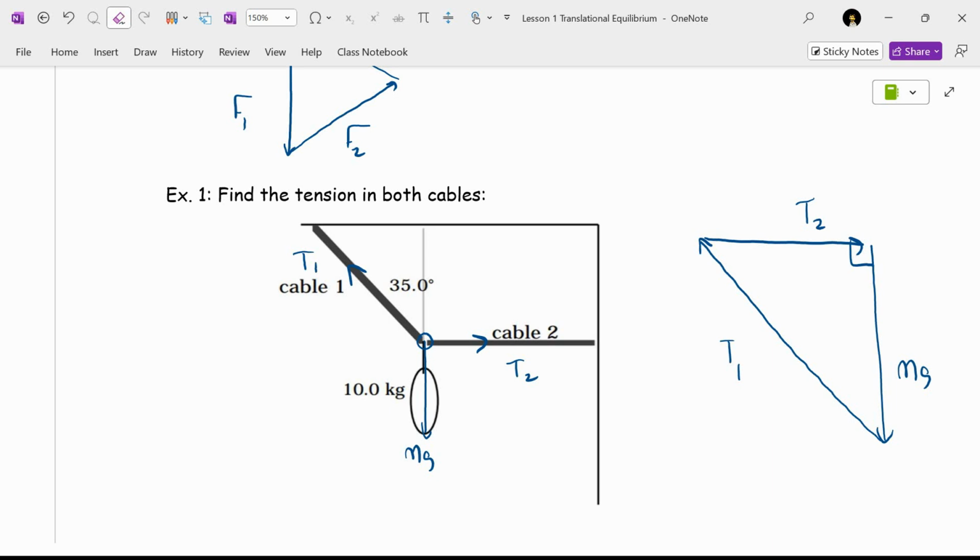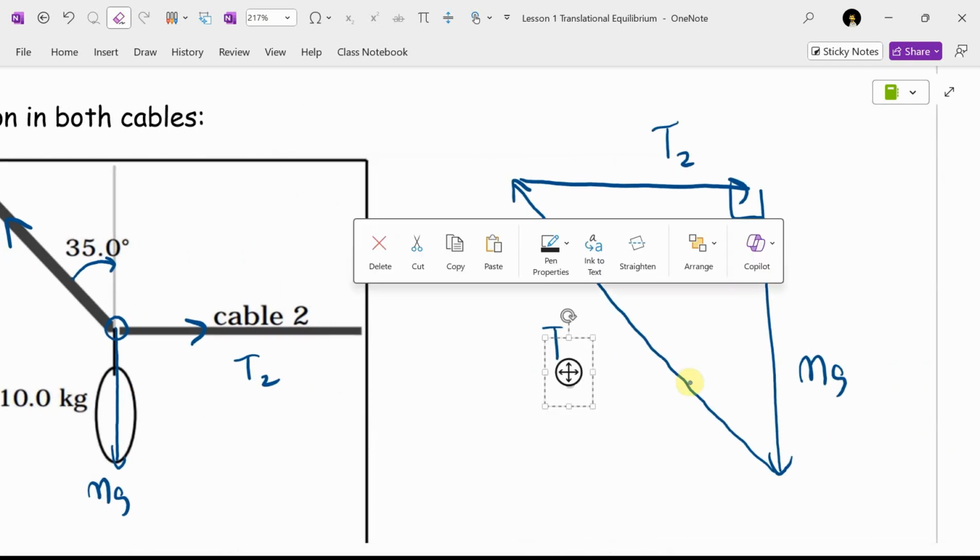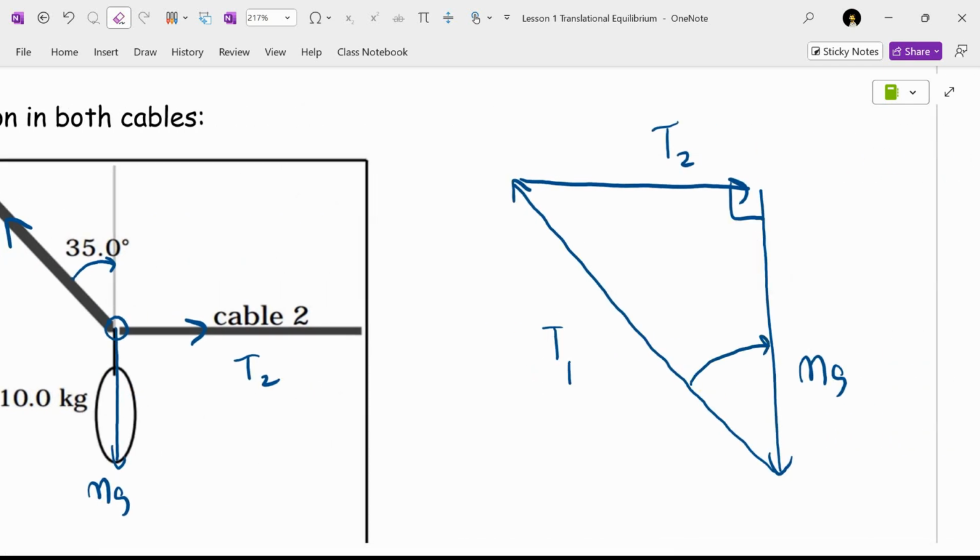What I need to do is I need to somehow get an angle in here. Here's what I notice. I notice that tension 1 next to a vertical line, Sebastian, how big is that angle? What does every triangle add to? This you need to know.